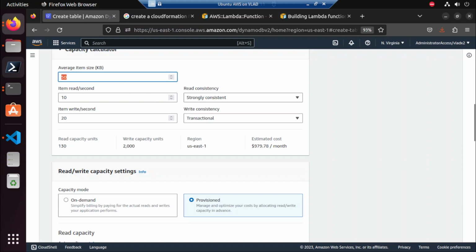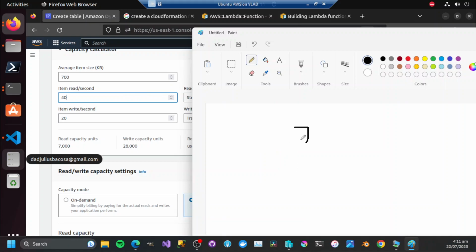So for example, another example again, we have 700 KB per item, and how many items we're going to read, 40 items per second. So it's going to be 700 divided by 4 and times 40.